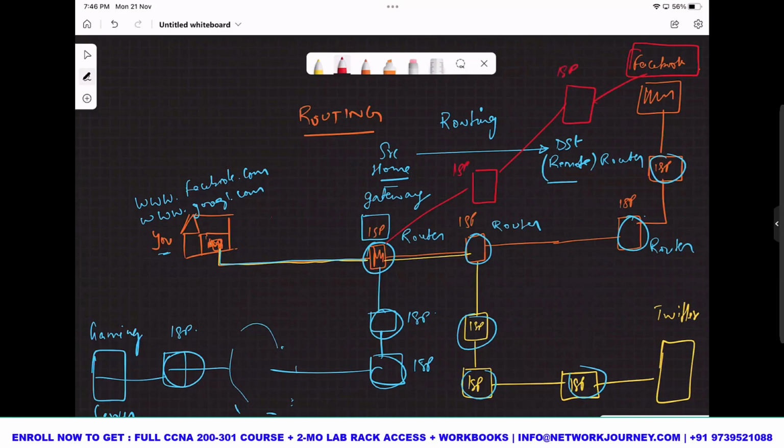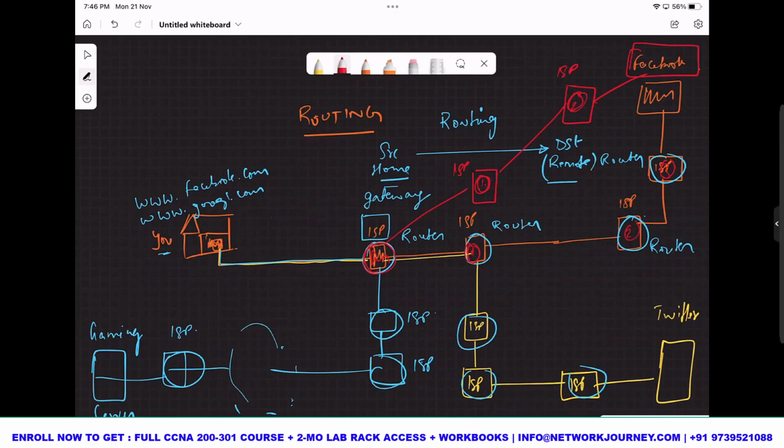Now you have two paths. So now this router will decide whether to take this one or to take this path. Here you see that it's only two hops. Hops are nothing but the intermediate routers or the intermediate path. So here it's only two, 1 and 2, whereas here it's 1, 2, and 3.